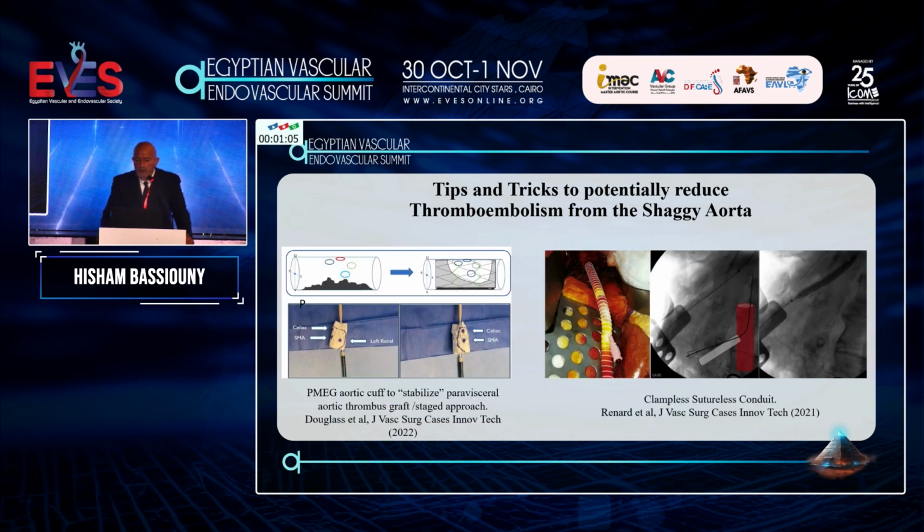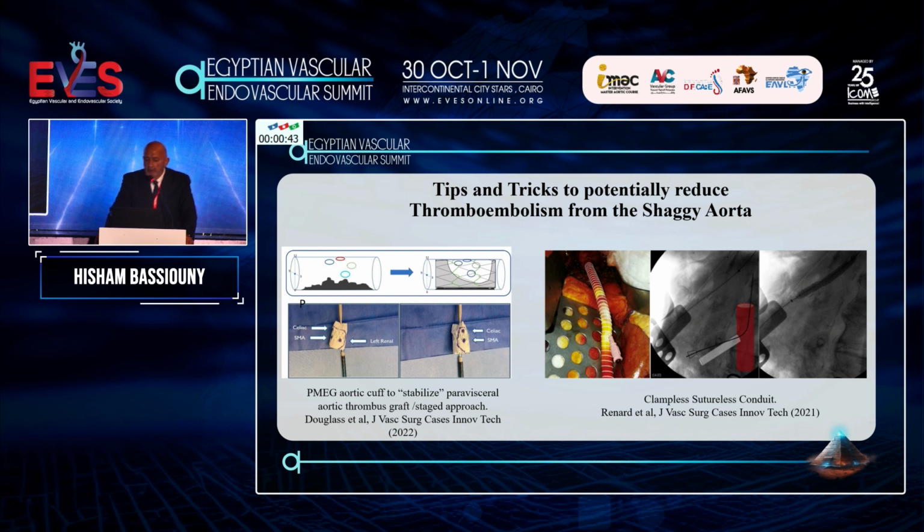These are two papers that show some innovative techniques. One of them is to cover a posterior wall thrombus in the shaggy aorta. This has to be really localized, and basically it's a staged procedure with a cuff placed initially, followed by the fenestrated or branched stent graft.